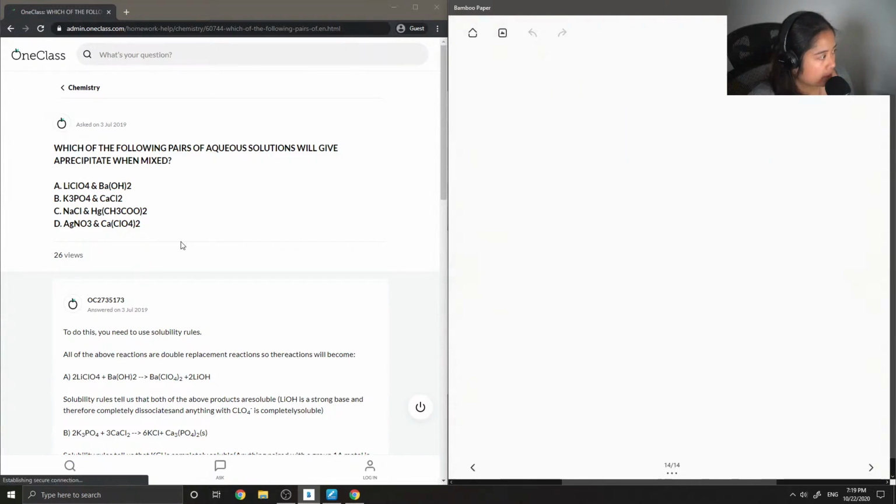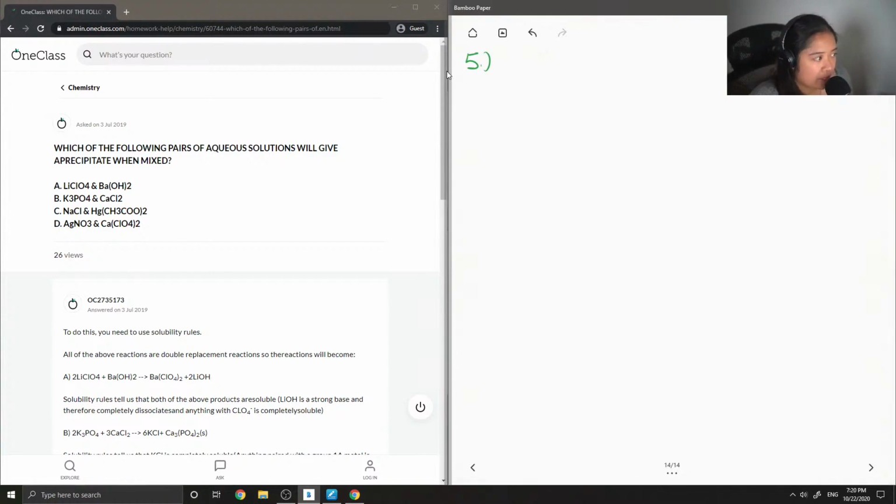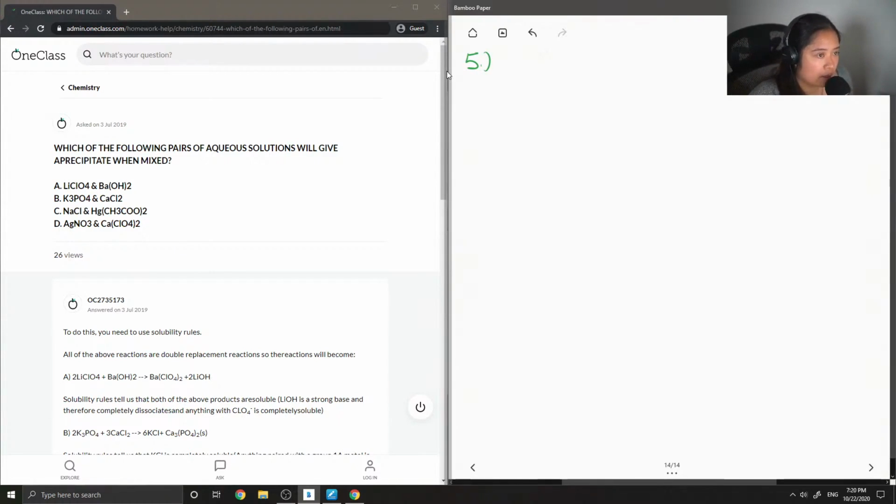Now on to question number 5. Which of the following pairs of aqueous solutions will give a precipitate when mixed? So let me write down all of the following. It's an aqueous.